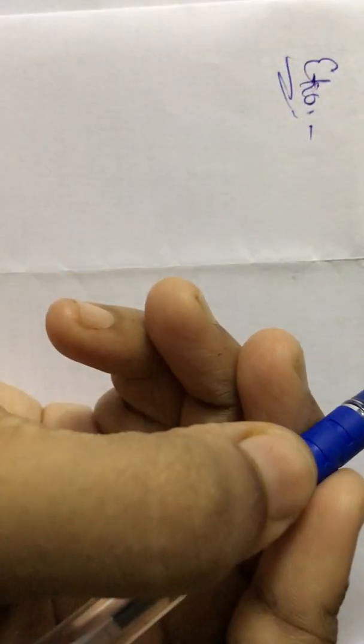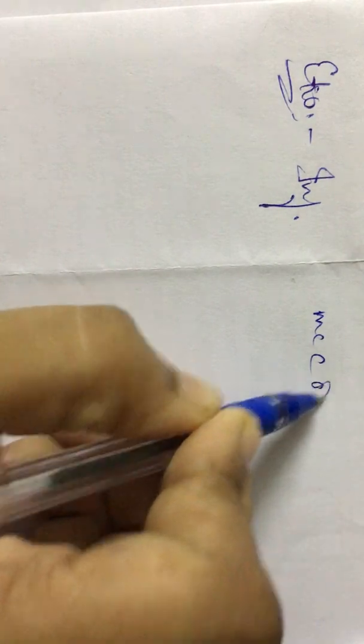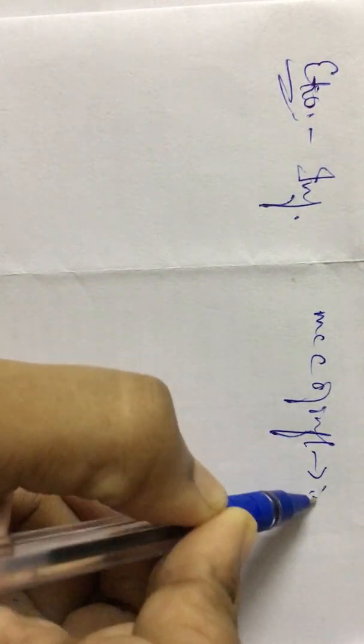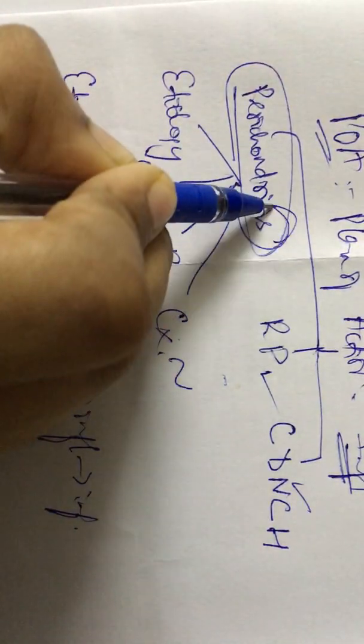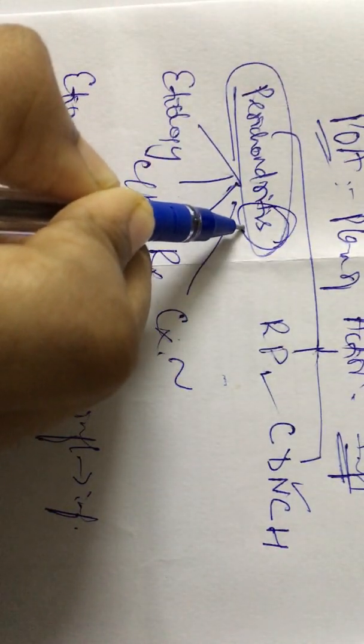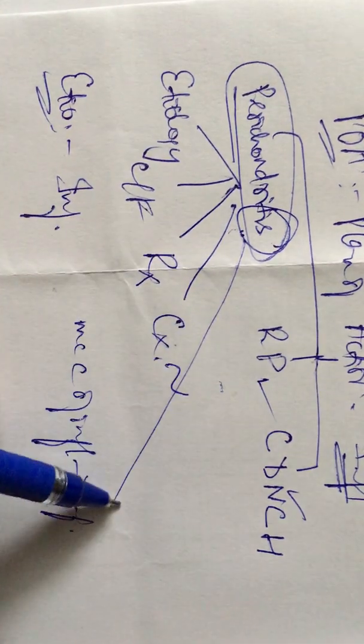So what is the etiology? The etiology is that it's going to be an infection. In second year pathology, we studied that the most common cause of inflammation is an infection. That's how perichondritis is also an itis. Itis is an inflammation, and it's due to an infection.